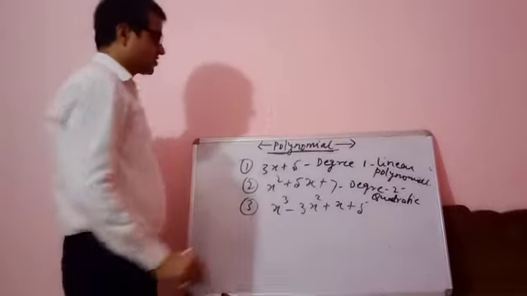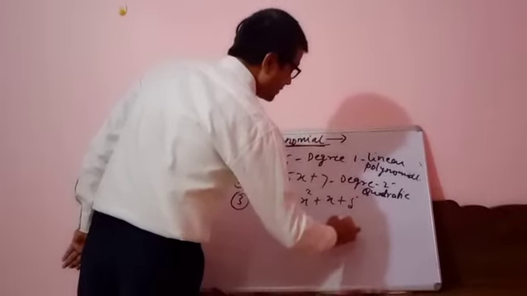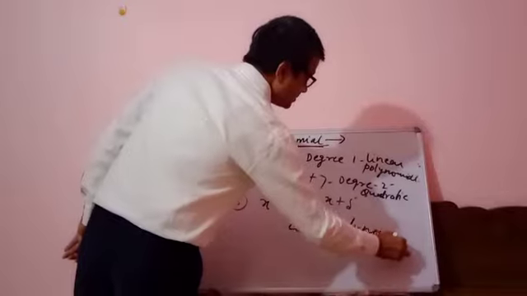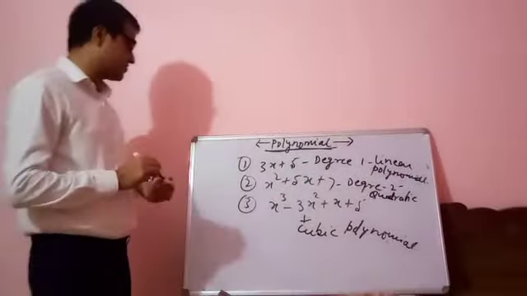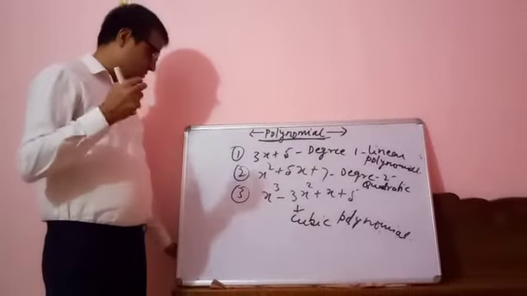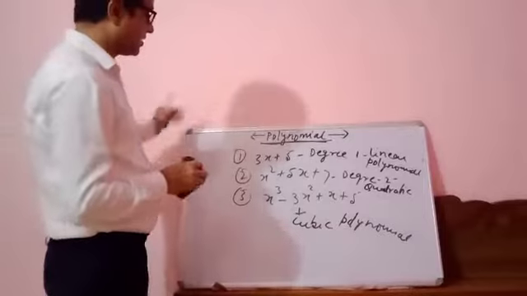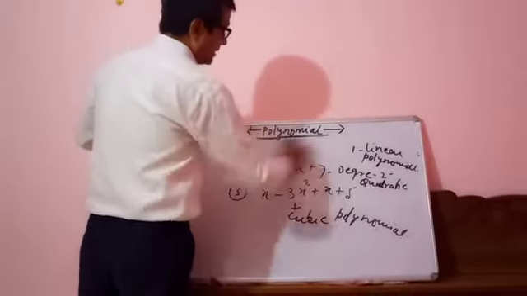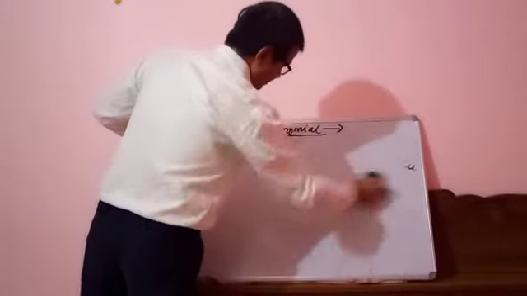Degree 3 is called a cubic polynomial. This would generate some interest among you once you are familiar with all these things. So degree 1 is linear, degree 2 is quadratic, degree 3 is cubic, and so on.